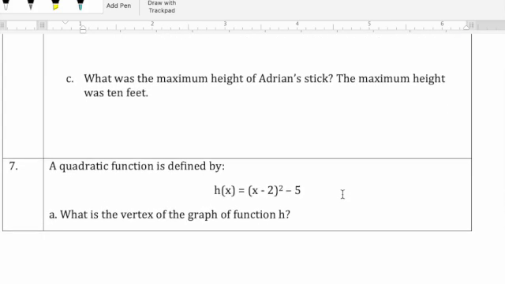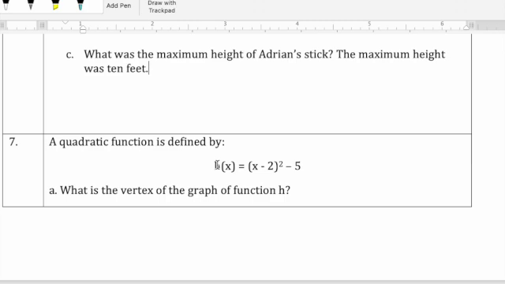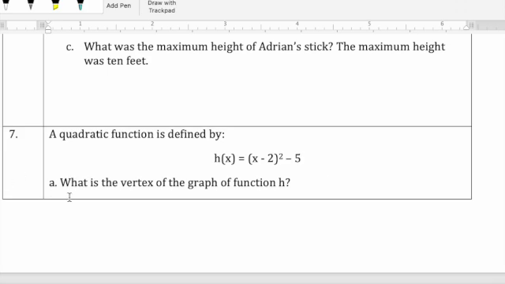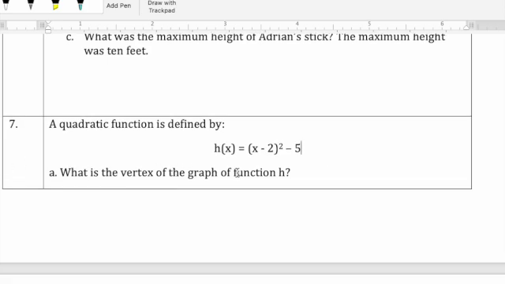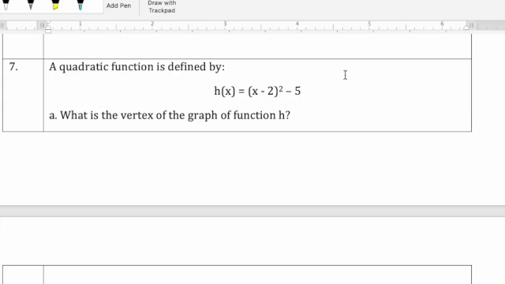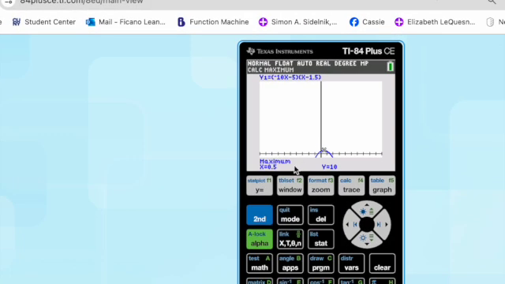Okay. A quadratic function is defined by, and this is the equation they give, h of x equals (x minus 2) squared minus 5. What is the vertex of the graph of h? Okay, so we didn't go over vertex form that much. This is in vertex form, so you might want to use the calculator for this.